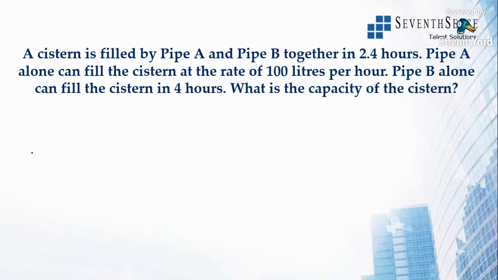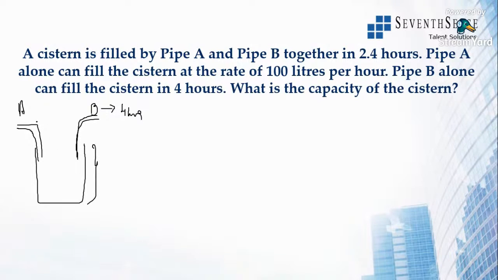Say there is a tank and there is a pipe A, and this is another pipe B. So if there are two pipes, pipe B can fill it in 4 hours. Pipe A can fill the tank at 100 liters per hour.